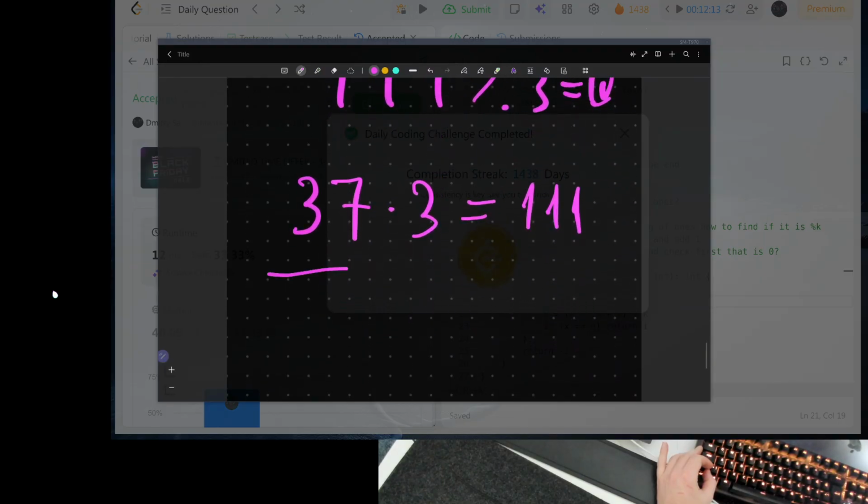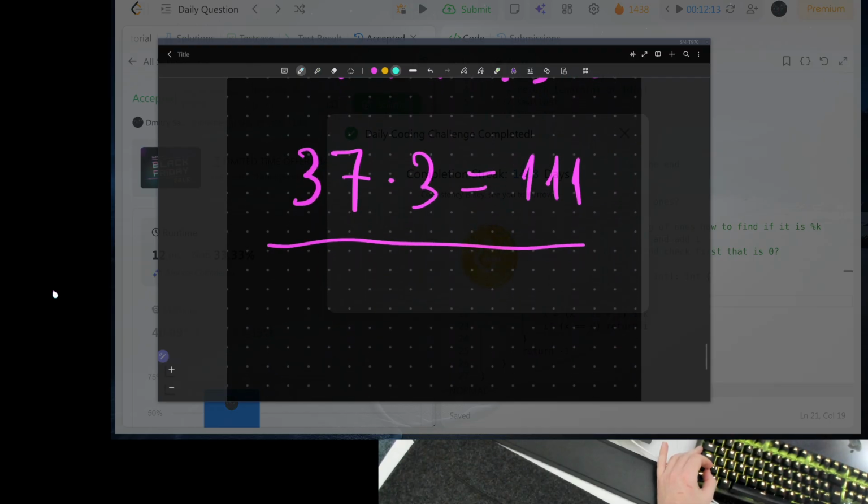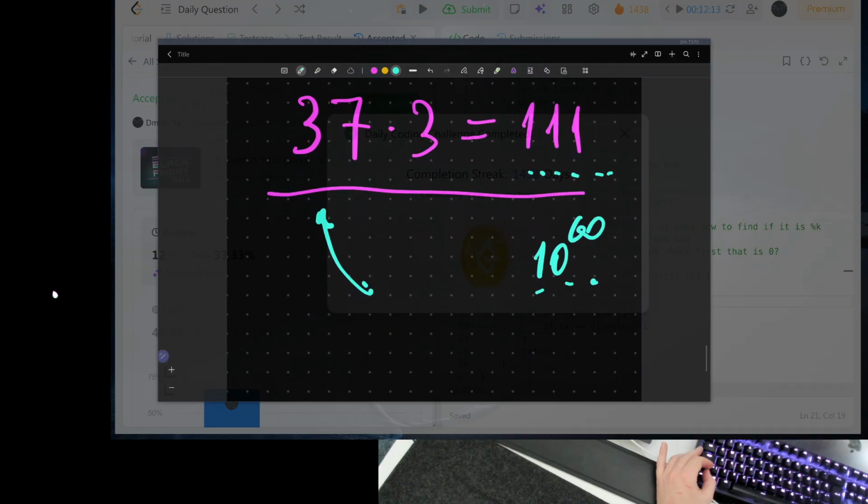But does knowing that simplify our problem? I don't think so, because we still have to find this number x, and it can be pretty big, because the number of ones can be very large. It can be more than 10 to the 60 and so on.